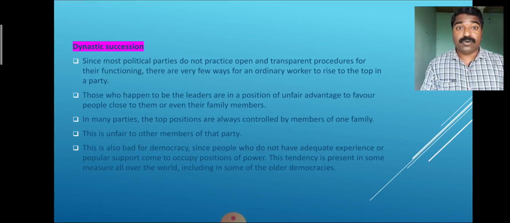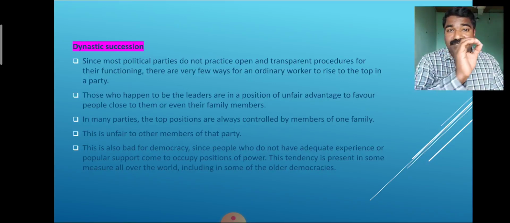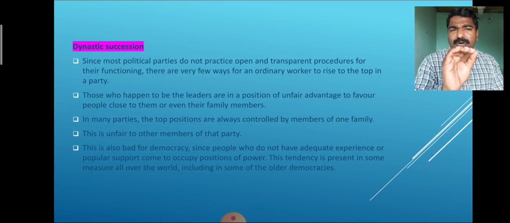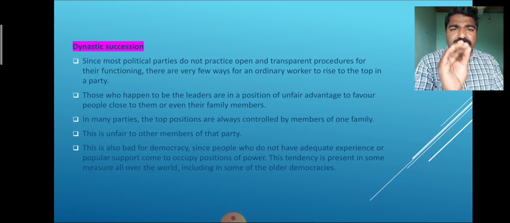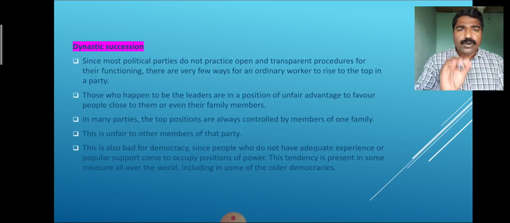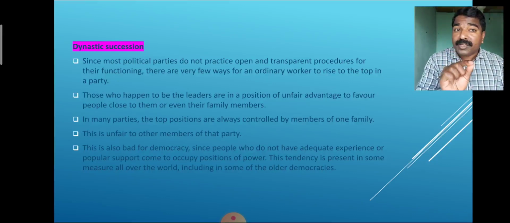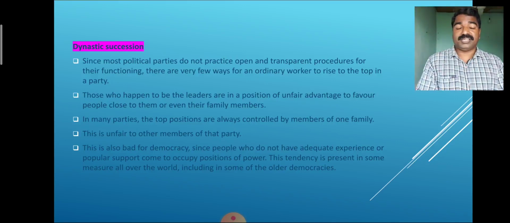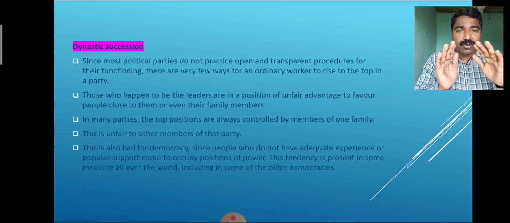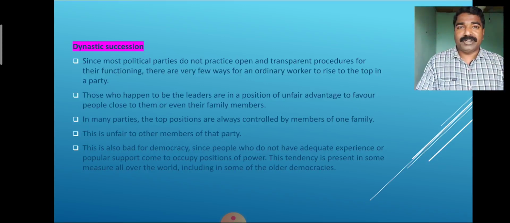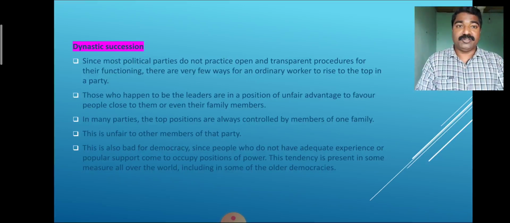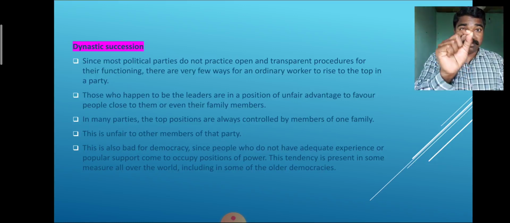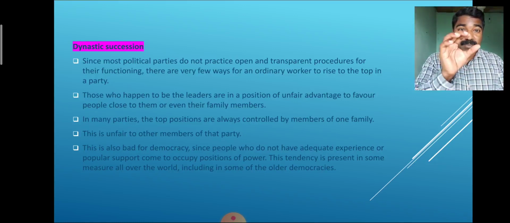This is also what we can call bad for democracy, since people who do not have adequate experience or popular support come to occupy positions of power. If you don't have any experience and are not popular among the people, but you are a member of the family of that particular leader, you get greater positions and can acquire power.